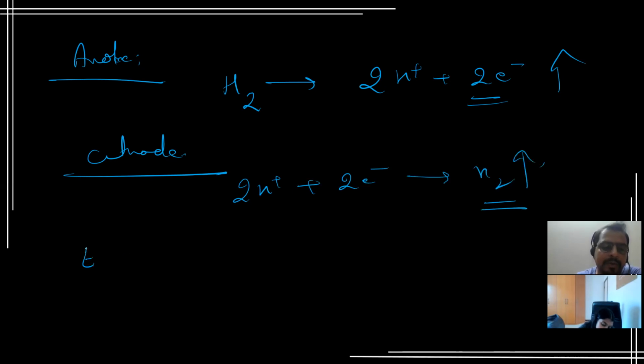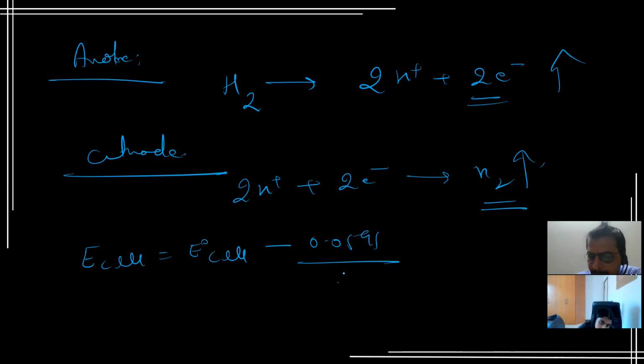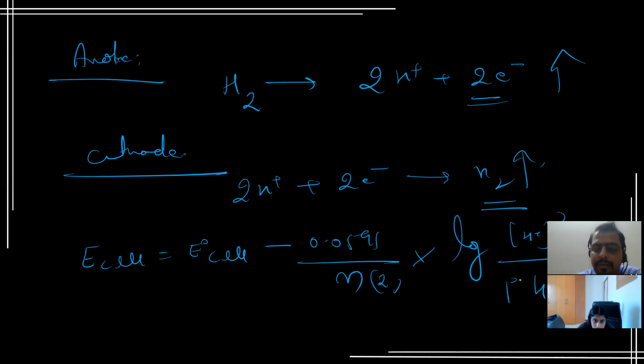So you can see E cell is equal to E naught cell minus 0.0591 upon n, where n is 2, into log of anode over cathode. At the anode we will have the H+ squared concentration, and at the cathode we will have the pressure of hydrogen gas.